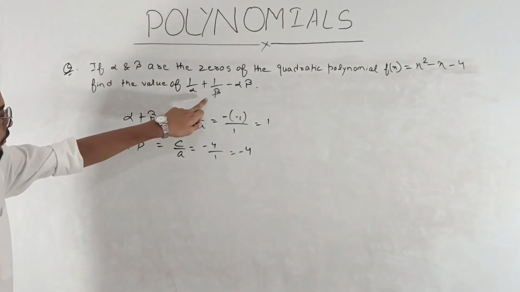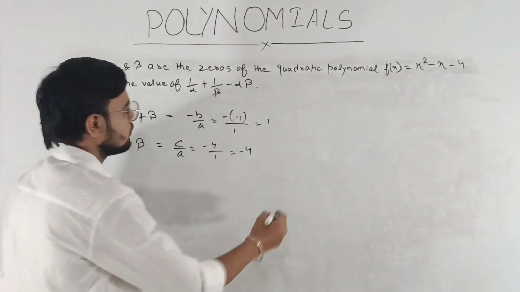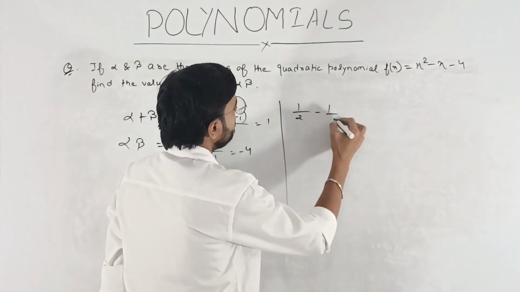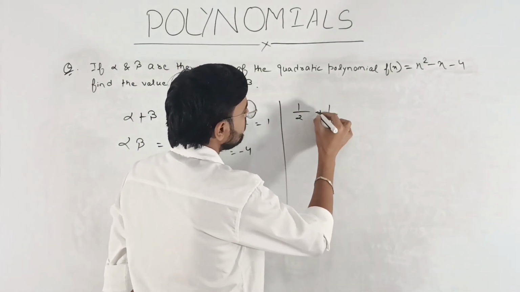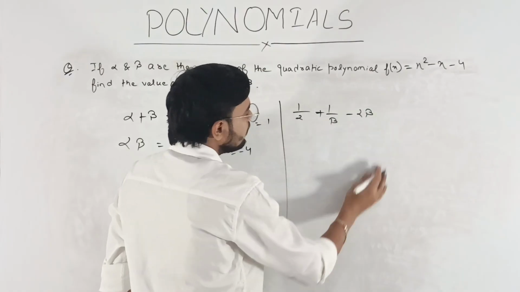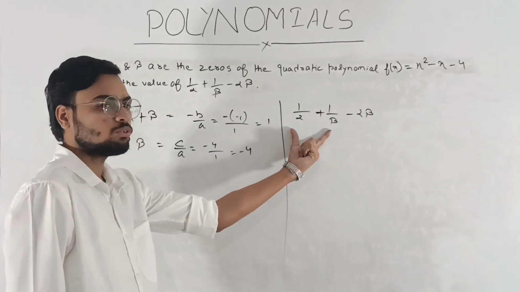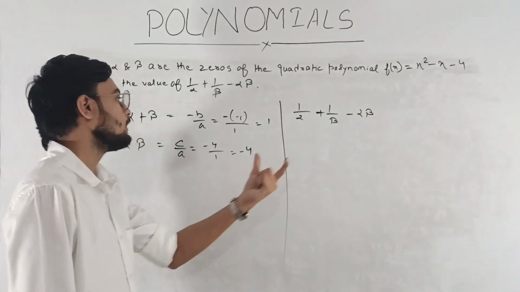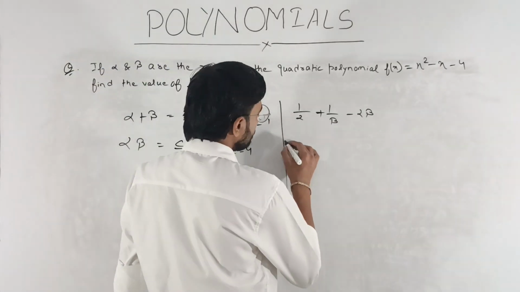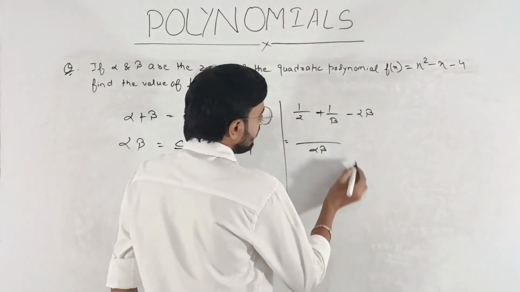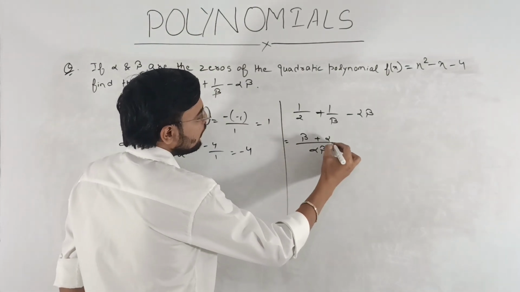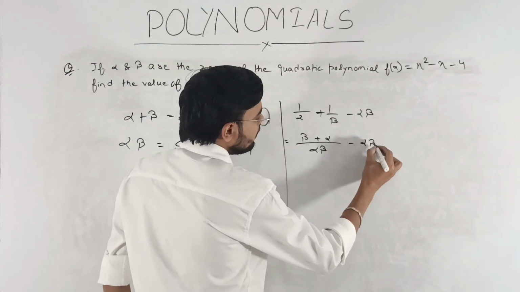Now what we have to find? 1 upon alpha plus 1 upon beta minus alpha beta. First I calculate only these two, because I get the value of alpha beta directly. Now the LCM is alpha beta, so here beta plus alpha, and this is minus alpha beta.